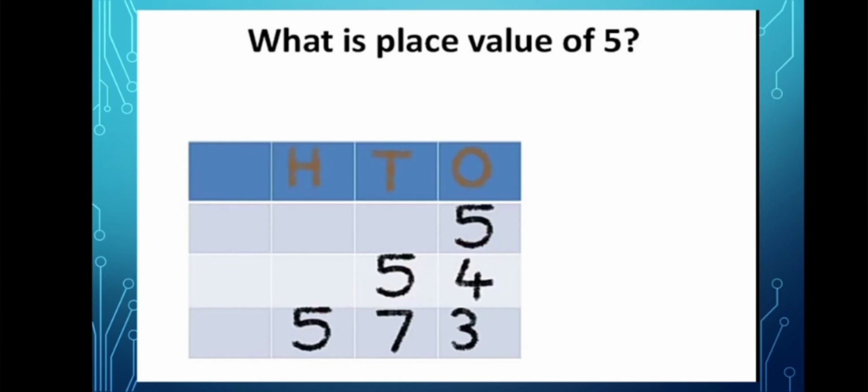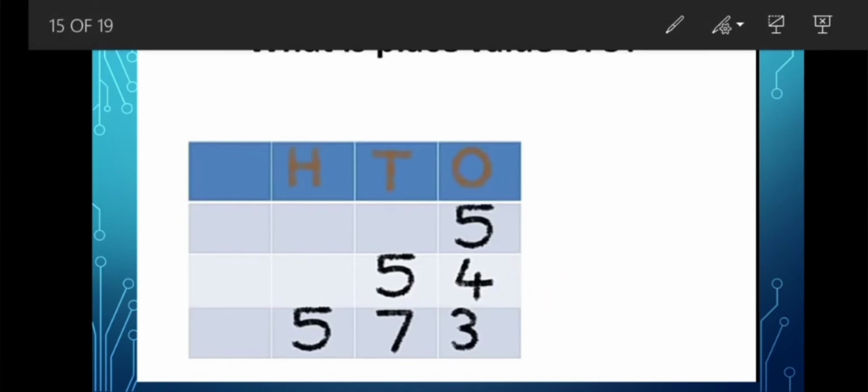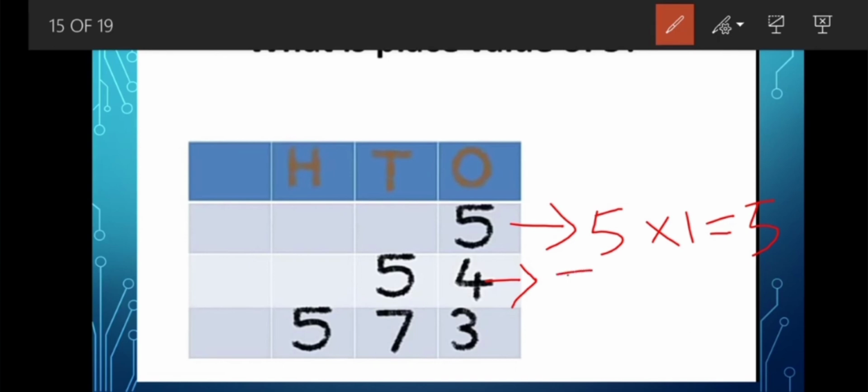Let us see these 3 numbers. First one is 5, second one is 54, and third one is 573. In case of 5, the place value of 5 is 5 into 1, that is 5. In case of 54, it is 5 into 10, and its place value will be 50.